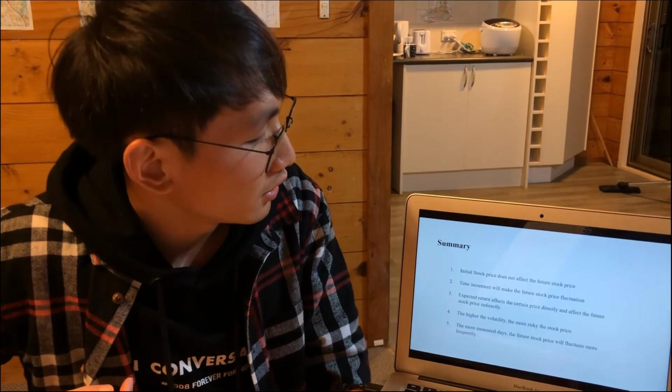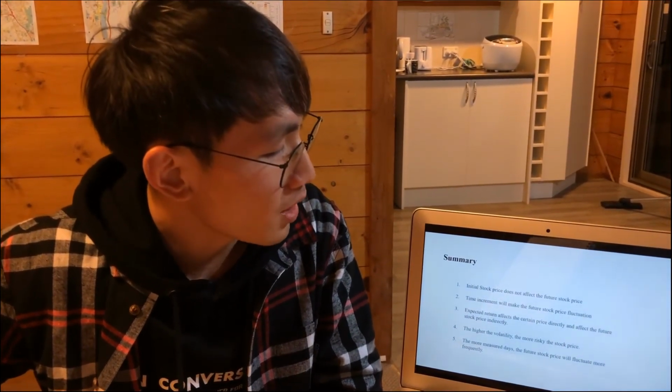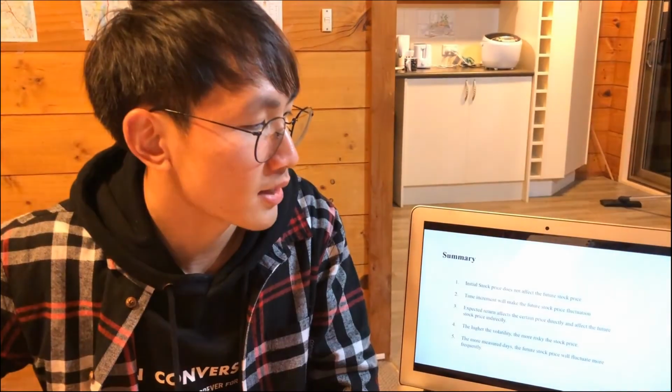So after our group making the experiment, we can get some summaries. First, the initial stock price does not affect the future stock price. Second, the time increment will make the future stock price fluctuate.